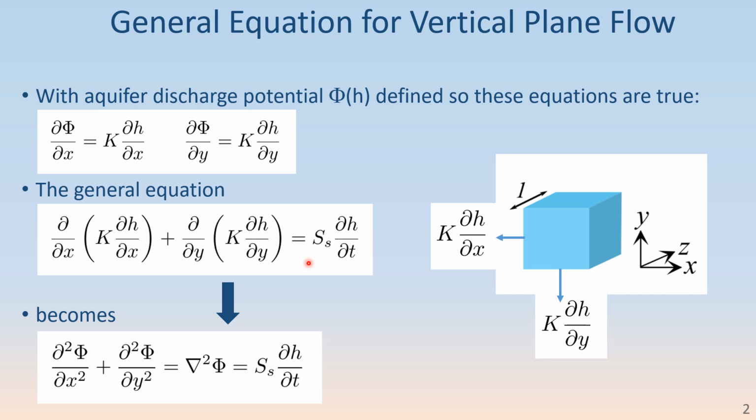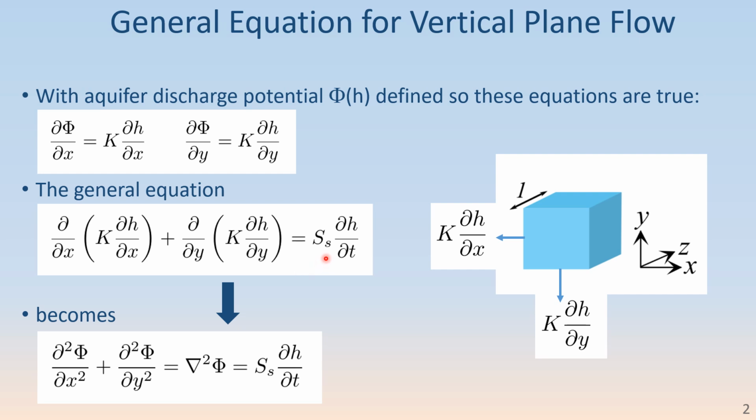But in this mode, where it's turned on its side, there is no leakage normal to the plane of the domain. We're assuming that the flow system we're modeling is two-dimensional in the vertical plane. There is no component in the z direction. So we can cut out the L sub t and L sub b terms from what had been our general equation, and we end up with this.